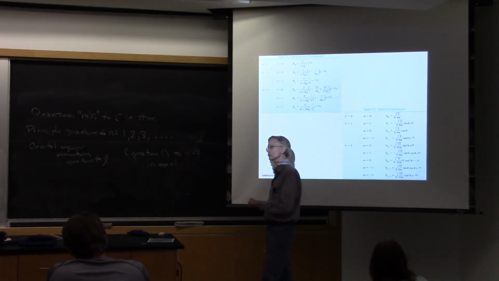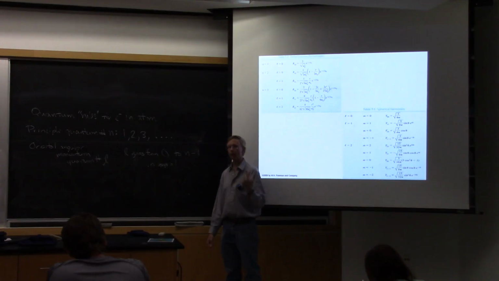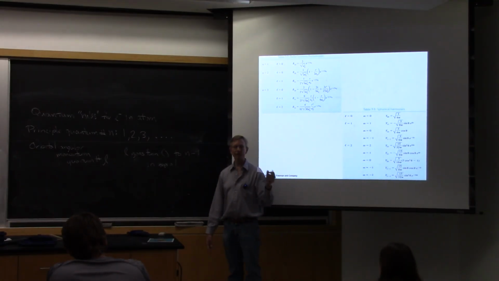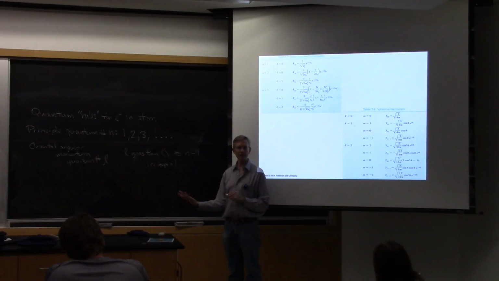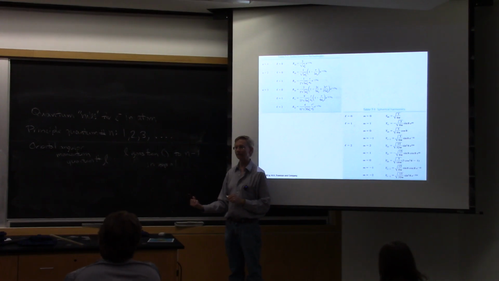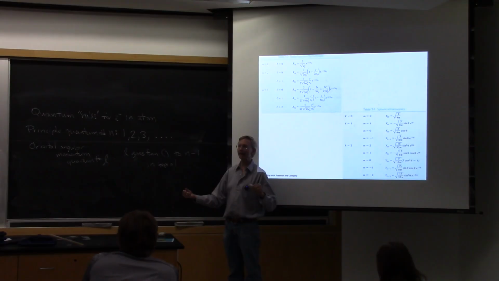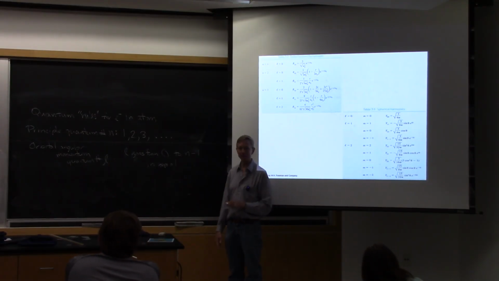If n is 2, L can be 0 or 1, 2s, 2p. If n is 3, L can be 0, 1, or 2, 3s, 3p, 3d, etc. So the rule for L is it goes from 0 to n minus 1 in steps of 1. So if n is 7, what are the possible values of L? 0, 1, 2, 3, 4, 5, stop at 6, and so on and so forth, right?